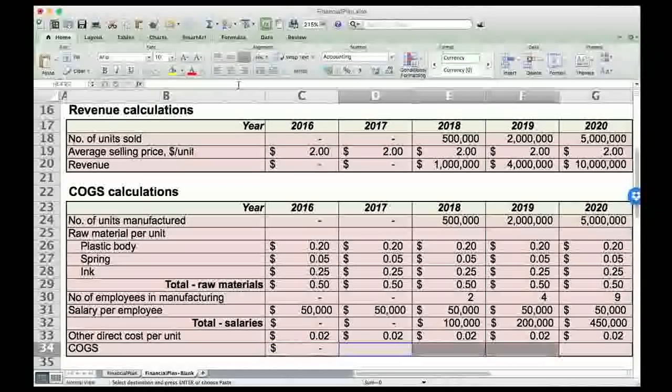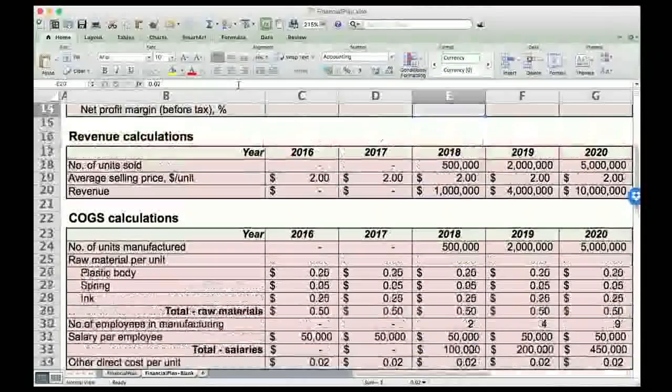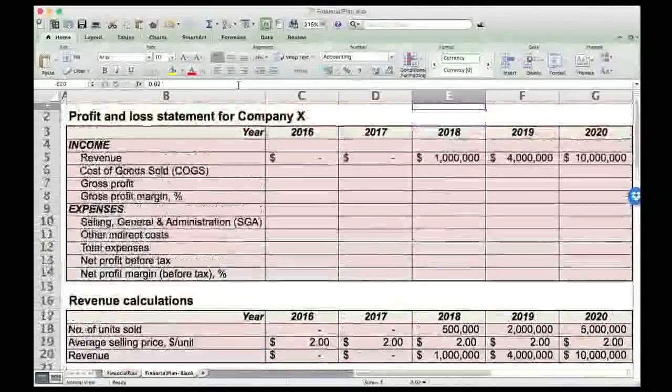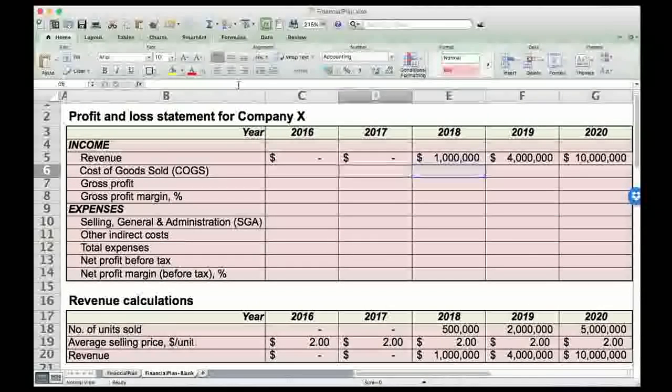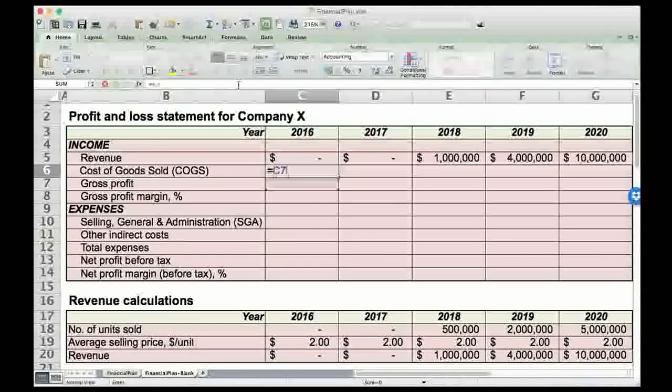So COGS is nothing for the first year and second year, and then it will increase. Now we will have to input that in the profit and loss table. So I'll go back to the profit and loss table and essentially input those values.